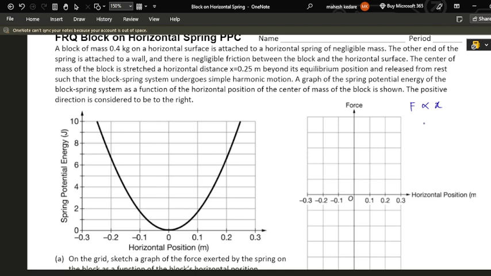Moreover, we know that when x is equal to 0, the force is equal to 0, because x equal to 0 represents the equilibrium position, the position of no net force. So the origin will always be present on a straight line representing the graph of force versus position. Origin is always 0 force and 0 position.